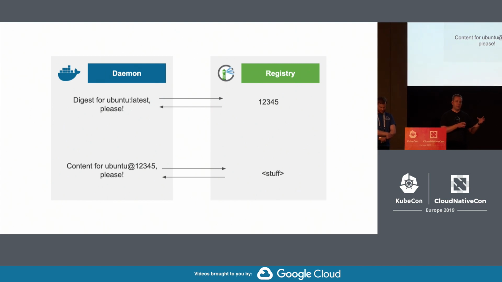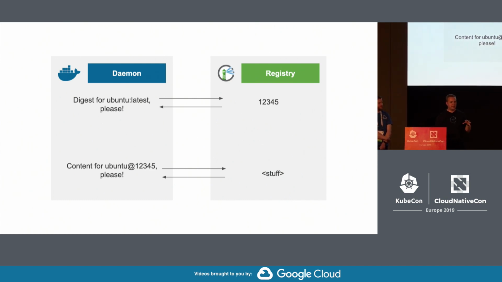That client will then go and request all of the data that's inside that image. All of that goes to the registry, and that provides an attack surface: anyone with access to the registry can change that 1, 2, 3, 4, 5 in the top corner, which would mean that the client would then go and request different stuff from the registry.